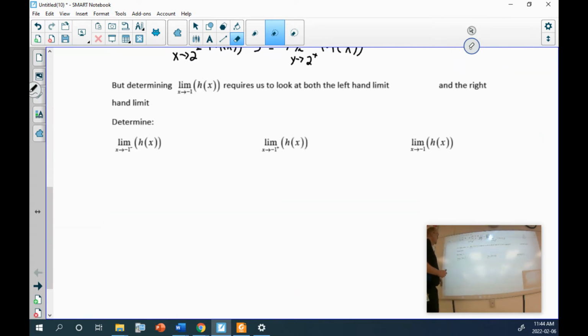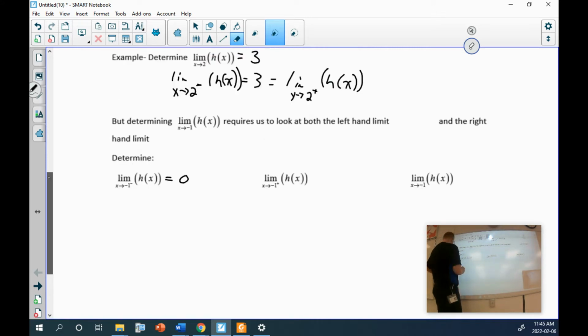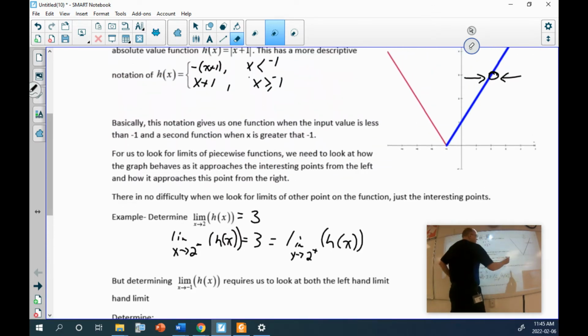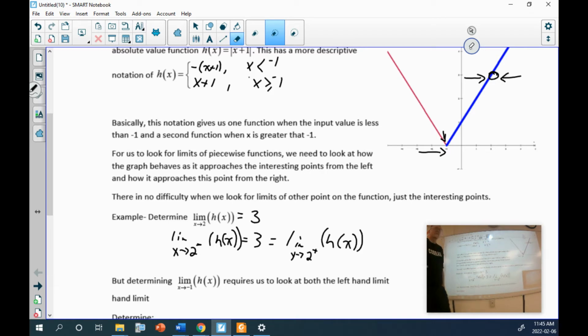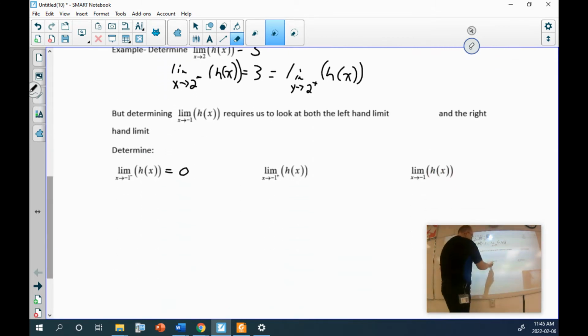So by notation, the limit as x approaches -1 from the negative side of our function is equal to 0. So we're looking at our function coming this direction. Hey, it's getting closer to 0. That's our limit. When we look at it from the positive side, we're looking at our graph from the positive side, oh, it's also approaching 0. So the limit as it approaches from the positive side is equal to 0.